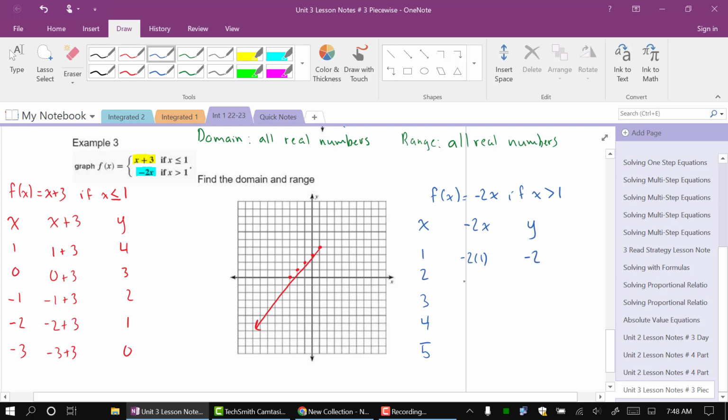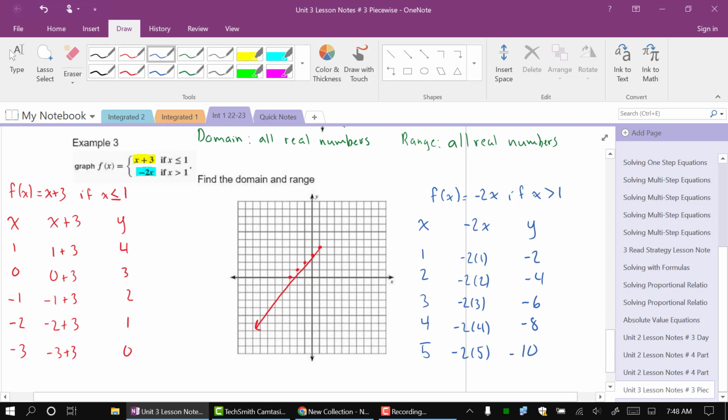If I plug in 2, that's negative 2 times 2, which is negative 4. If I plug in 3, negative 2 times 3, which is negative 6. If I plug in 4, negative 2 times 4, which is negative 8. And I plug in 5, negative 2 times 5, which is negative 10.